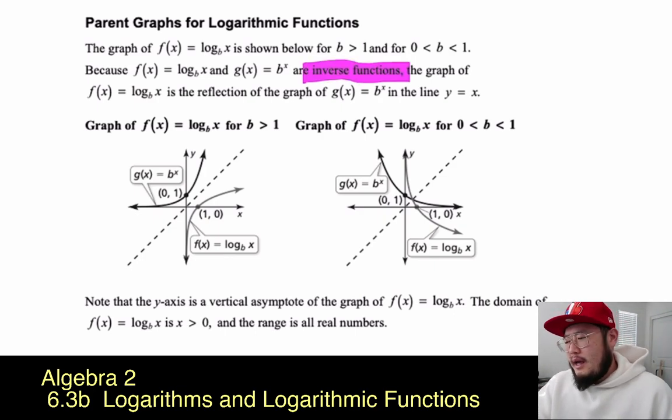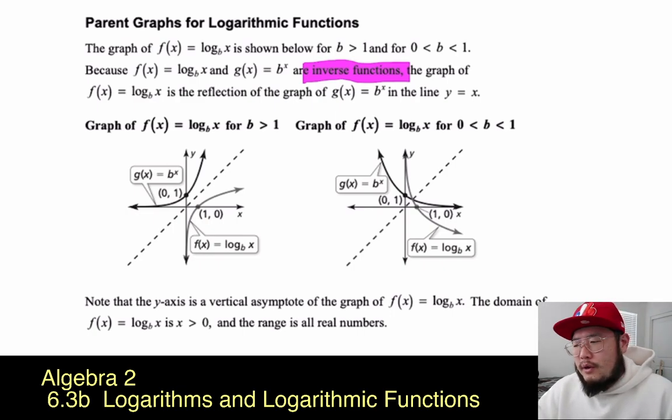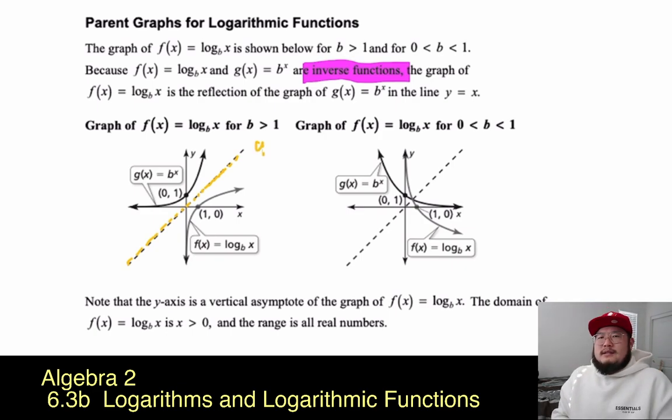And so right here, remember, when it comes to inverses, they reflect across a line. That line happens to be the dotted line that's there. And remember, that dotted line is y is equal to x. That is the equation of that function.